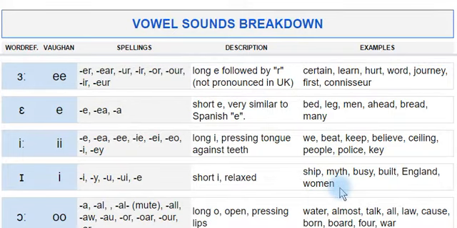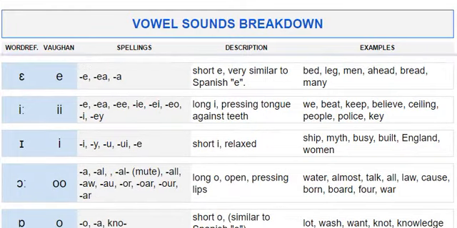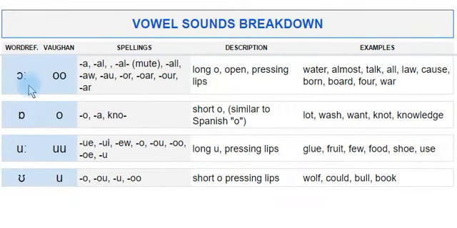Be very careful with this sound because in Spanish there's only one E sound and you can mistake one for the other. So what you have to do is make sure this is a very short I and this is a very long E. Okay?